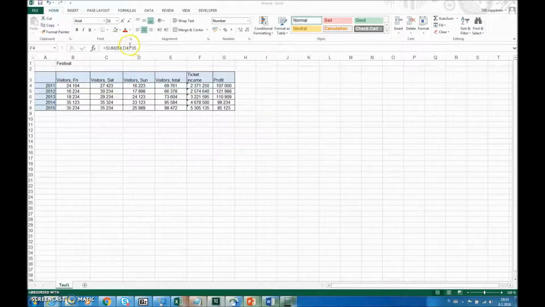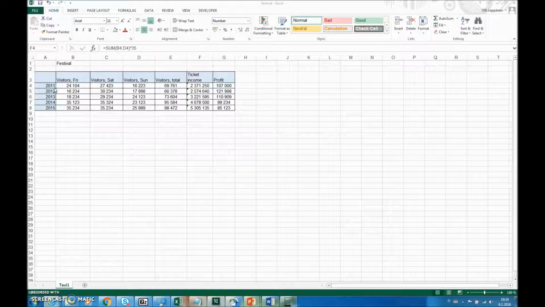So how to draw the charts? I have here, for example, table data of some imaginary festival, and this festival lasts 3 days, and it has been arranged now in 5 different years. And here are the visitors of the different days for the different years.